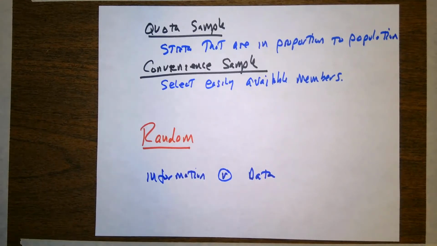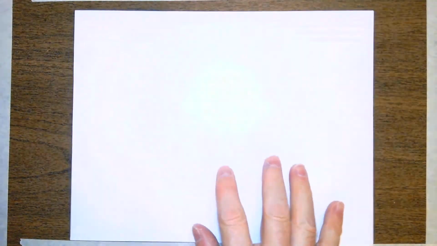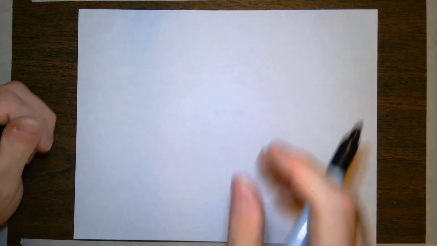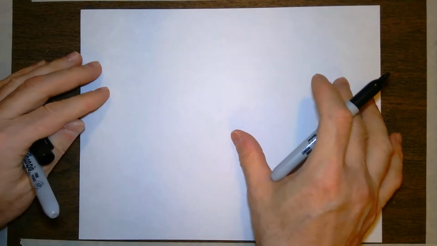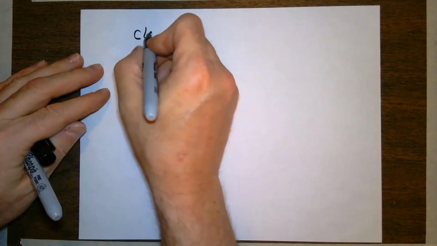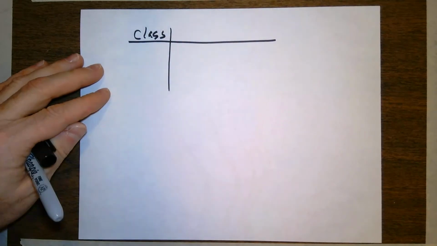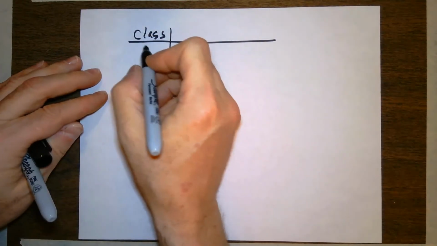All right, so let's look at an example now. Let's put some numbers here and start talking about these things. In this example, I'm going to think about my high school students, the class of high school students versus how many are in each class.